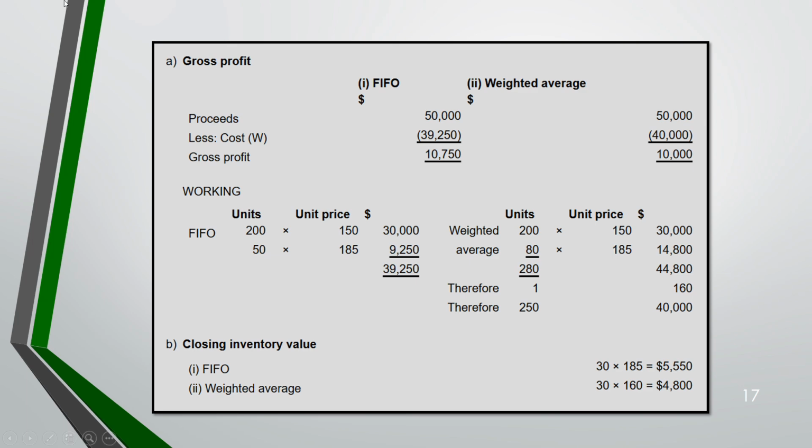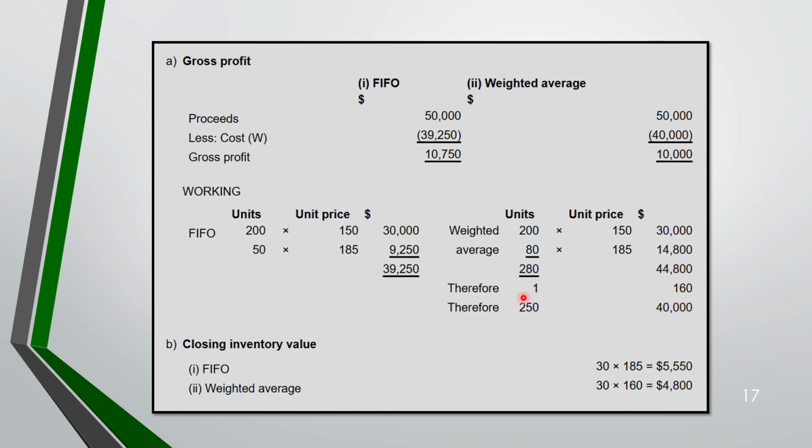So this is the solution for activity 1 that we have just done. Okay. As you can see, this is the cost we have got and the gross profit, and this is the working where first 200 and then balance 50 from the 80. And here when we come to weighted average, we multiplied, got the total and the unit total, divided 44,800 by 280 and got 160.